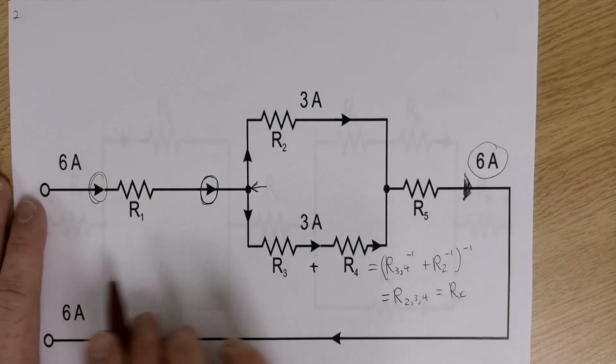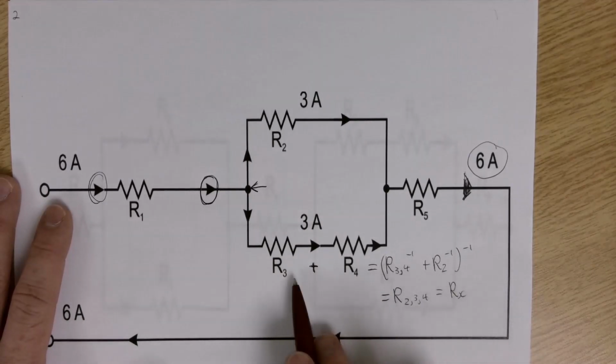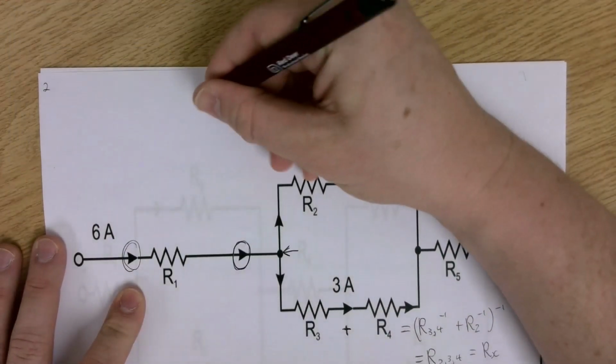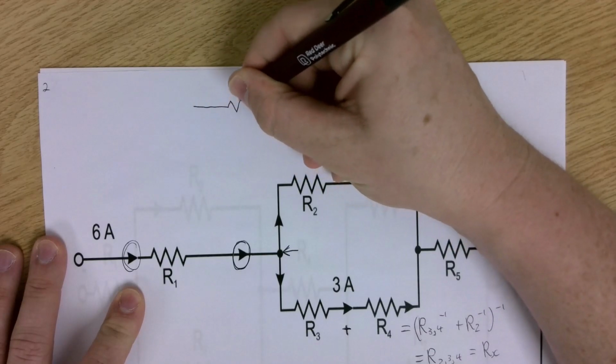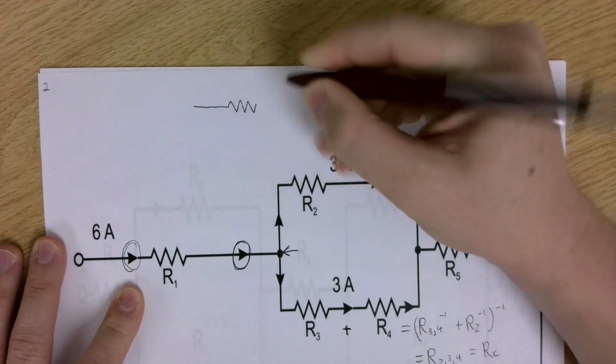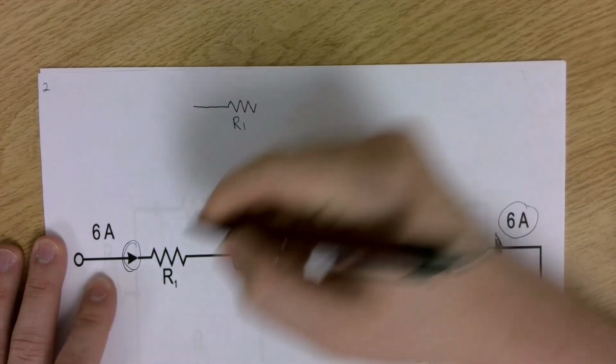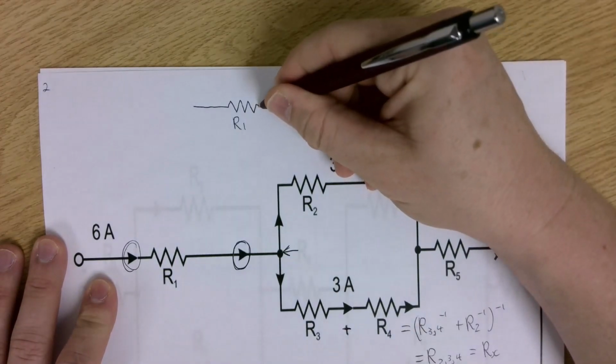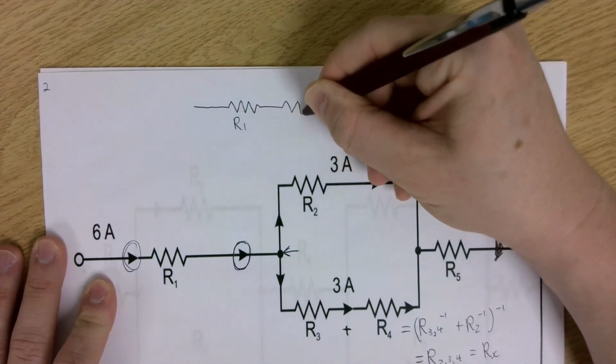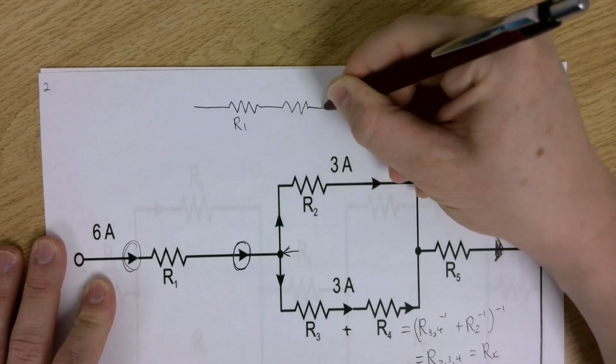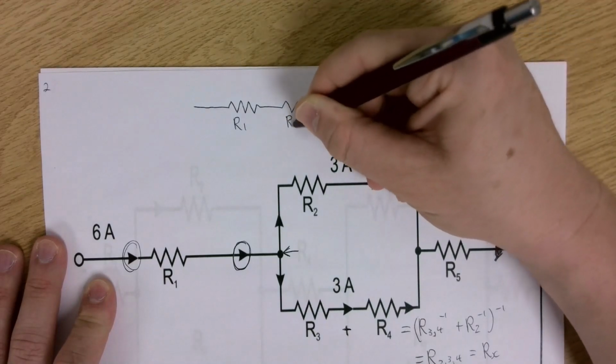If I wanted to redraw this after doing this calculation, I could just draw one resistor, which I could label R1. The second resistor, if I was going to redraw it as a series circuit, would be Rx now.